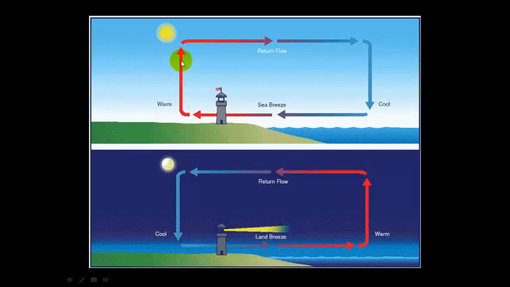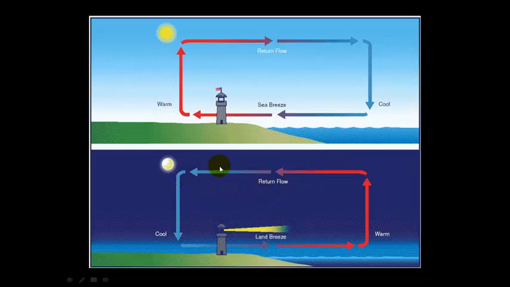And this warm air sets up a convection current where it returns back out to sea. It's cooled down because remember, the water is still warming up. It takes a lot of energy, 4.184 joules for every gram of water, to go up just 1 degree Celsius, and it creates this convection cycle.